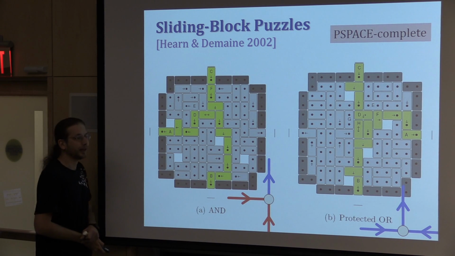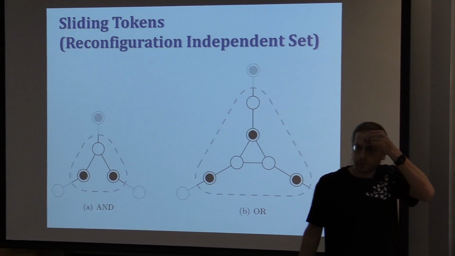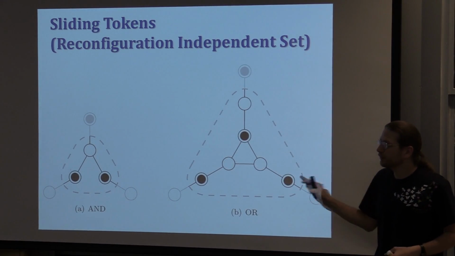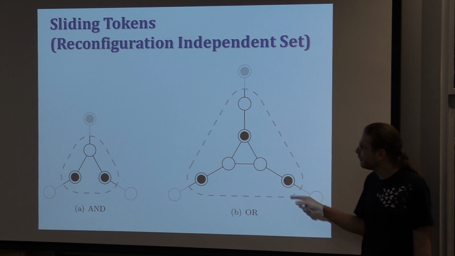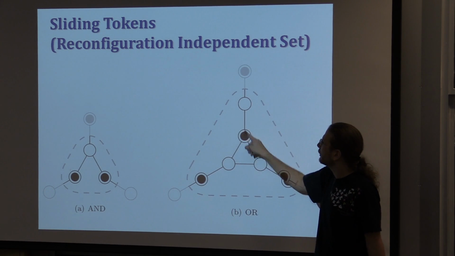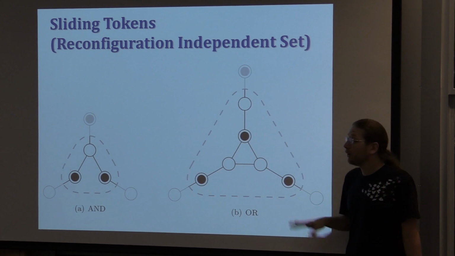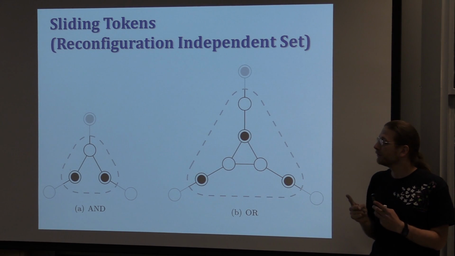OK, so sliding blocks. Now, I said 1-by-1 blocks are easy, but here's a slight variation where it's hard. In a graph, suppose you have tokens, and a move is to move a token along an edge. But at all times, the set of tokens must be an independent set. You can never have 2 adjacent tokens.